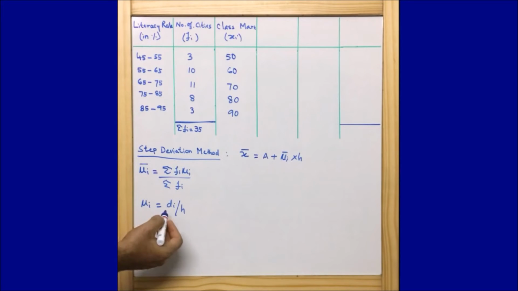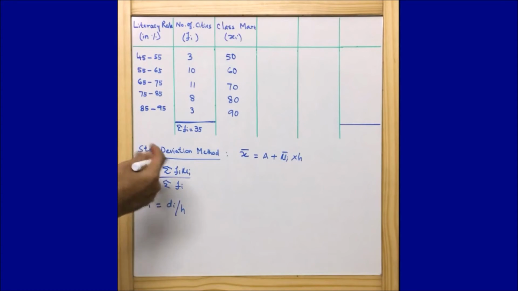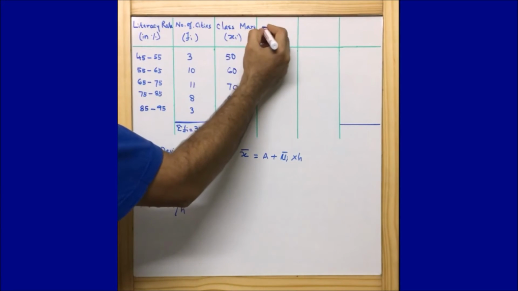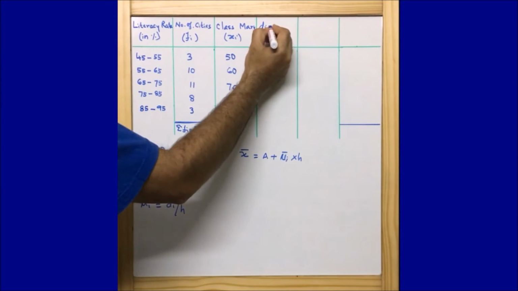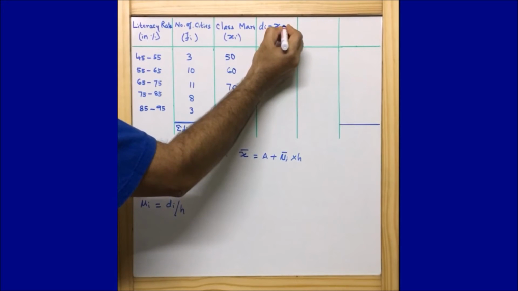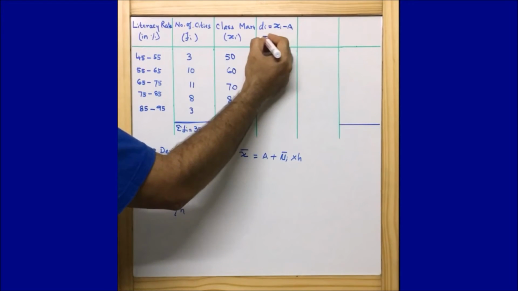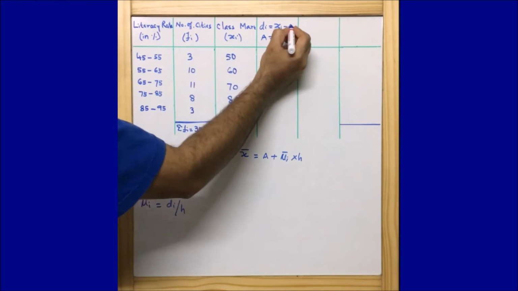Now we first need to find out ui, which is di by h. So for that, let us first find the deviation di. Here di is equal to the class mark minus the assumed mean. Let's see what we are going to take as the assumed mean from the class mark column.